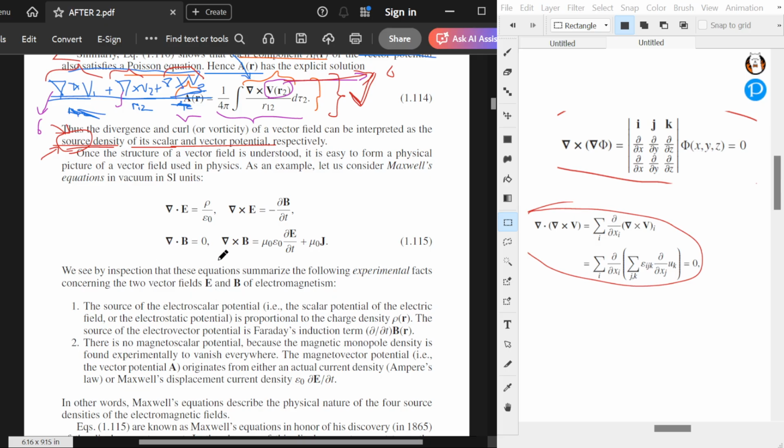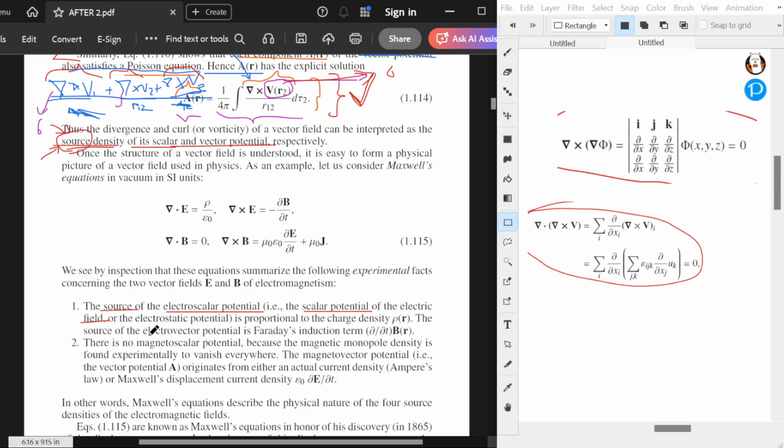We see by inspection that these equations summarize the following experimental facts concerning the two vector fields E and B of electromagnetism. The source of the electroscalar potential, the scalar potential of the electric field, is proportional to the charge density.